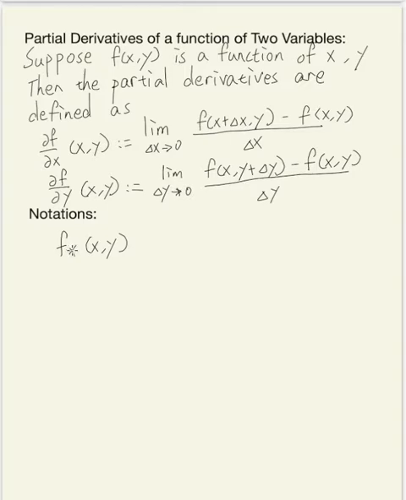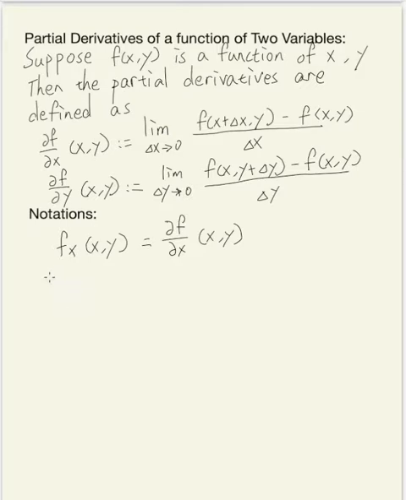This is another notation for the partial derivative with respect to x, equivalent to df dx. Sometimes we just use this because when the equation is super long, you get like 20 d's in the equation, and it's just hard to read. So sometimes we abbreviate it and write f sub x instead of df dx. This is one common notation that we use.